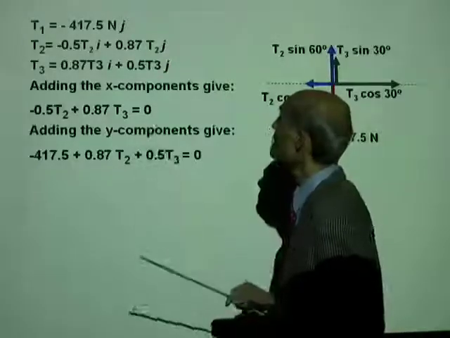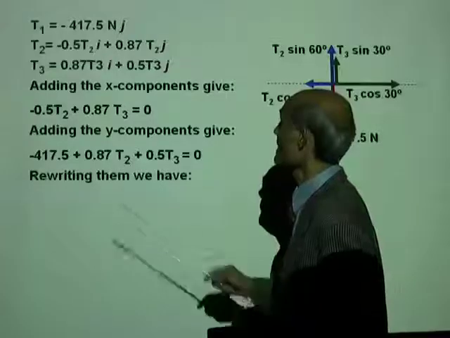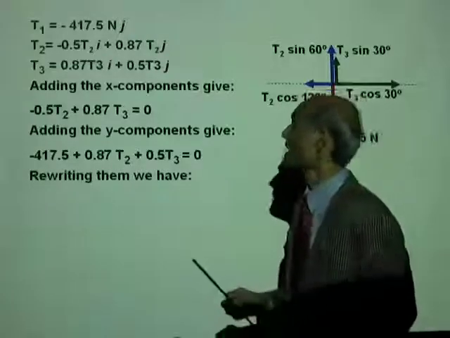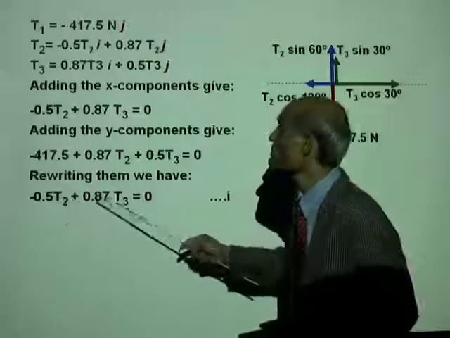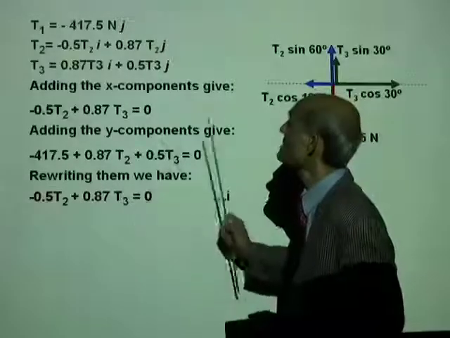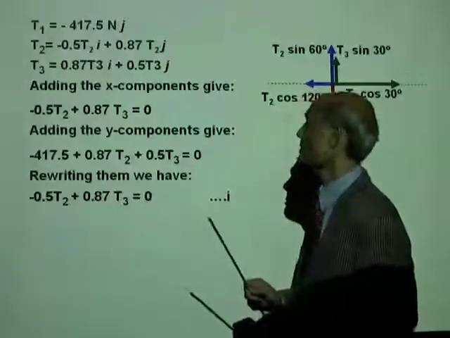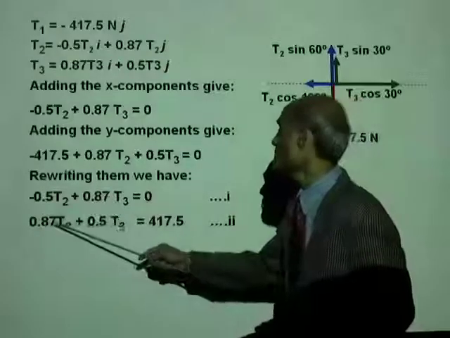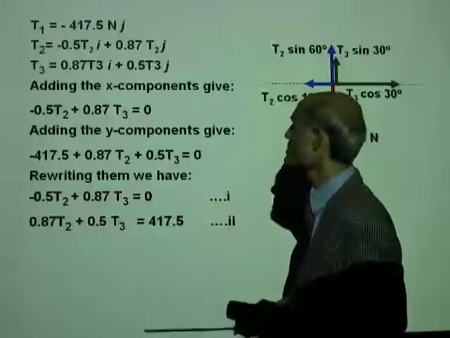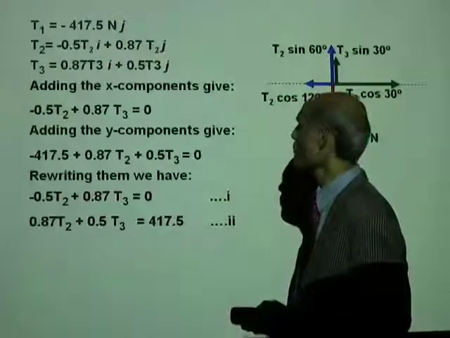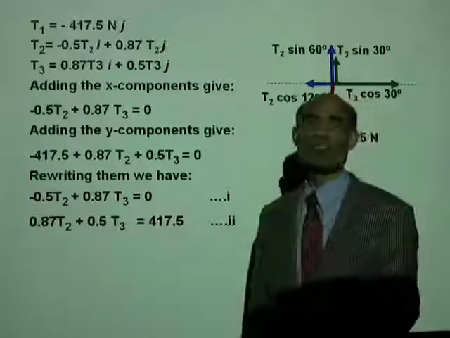And you have 2 equations. Now let's rewrite these equations. Negative 0.5 T2 plus 0.87 T3 equal to 0. And 0.87 T2 plus 0.5 T3 equal to 417.5.